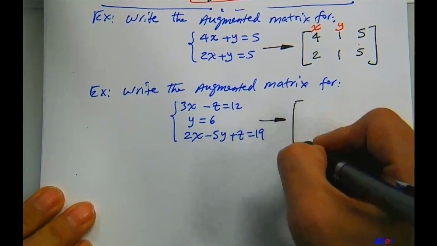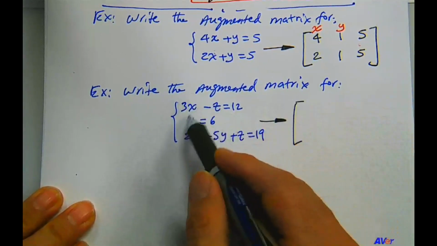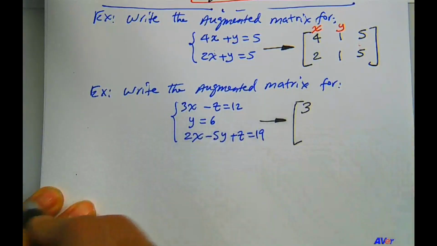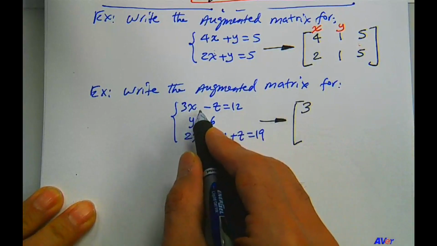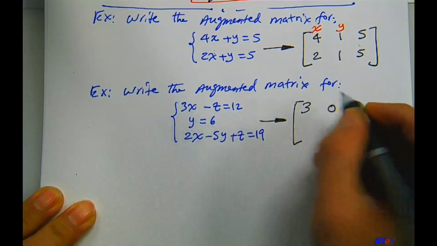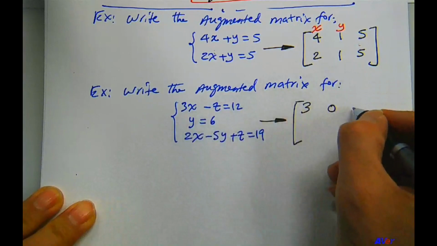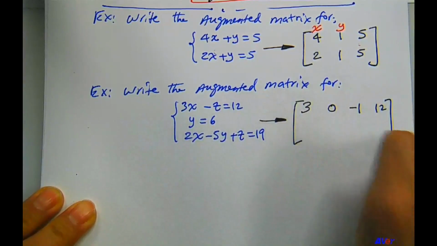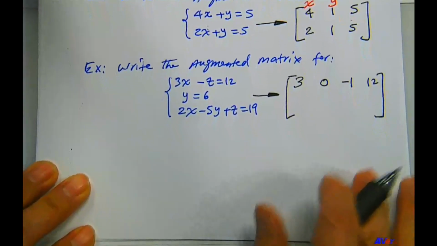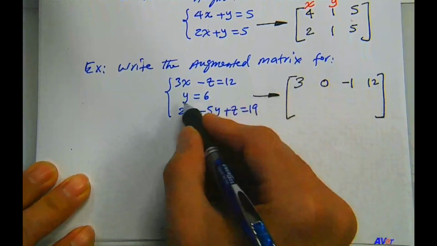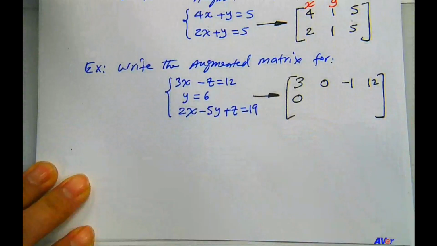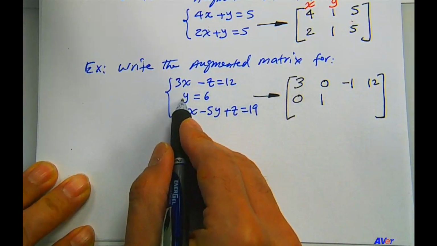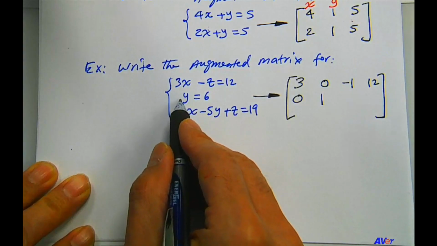So let's do that. For the first equation, we have an x, so 3 is the coefficient. There is no y, so we enter 0. There is a z, and the coefficient of that is -1. And finally, the right-hand side is 12. In the second row, there is no x, so we enter 0. There is a y, so we enter 1, right? That's the coefficient of variable y in the second equation.